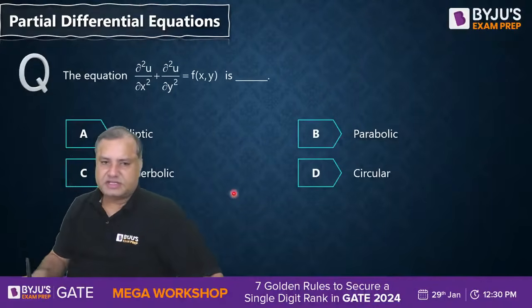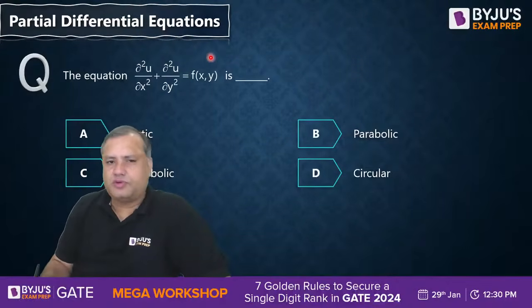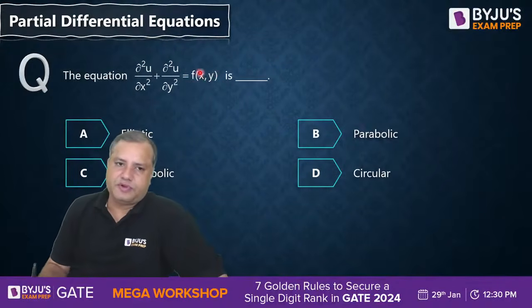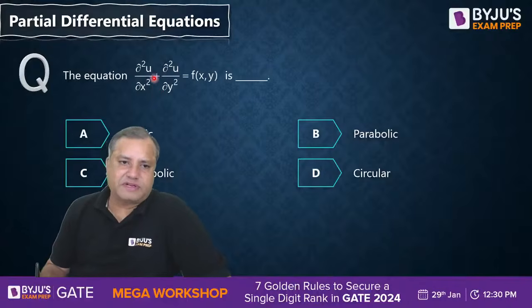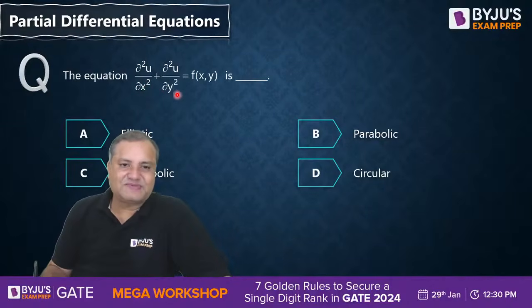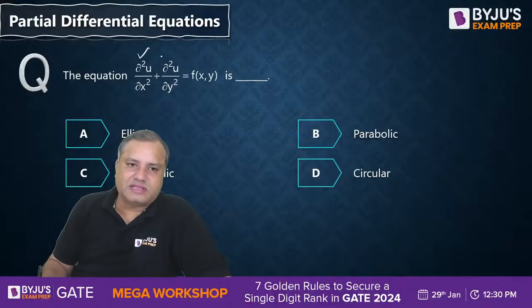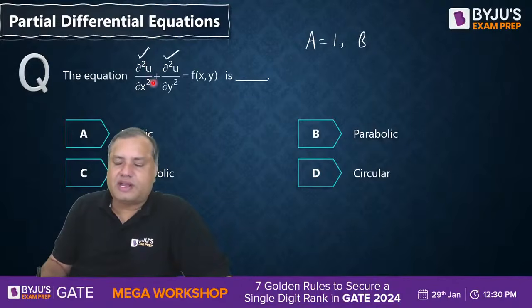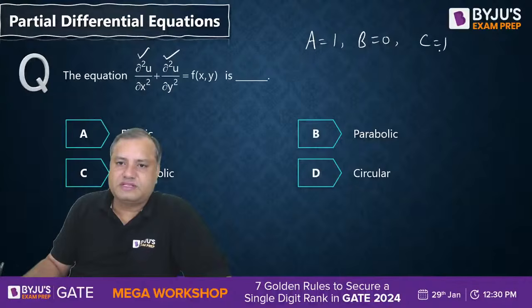See, this is Laplace equation. No, this is not Laplace equation. In Laplace equation, right hand side is 0. So this is similar to Laplace equation. Del square u by del x square plus del square u by del y square. So these both are the second order derivative terms. So value of A is 1. Del square u by del x del y is absent. So B is 0 and C is 1.